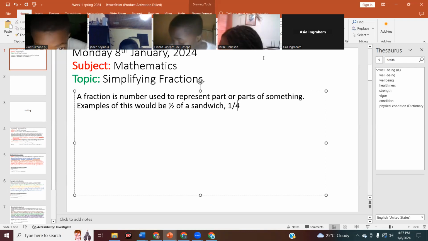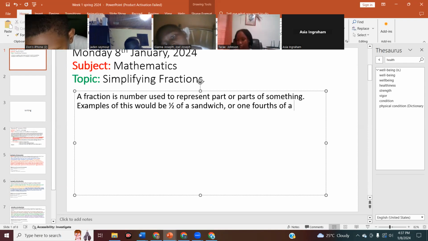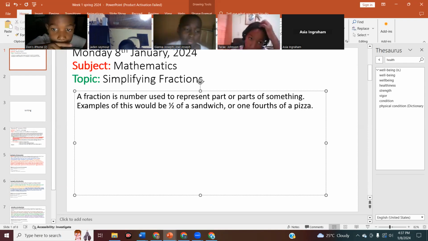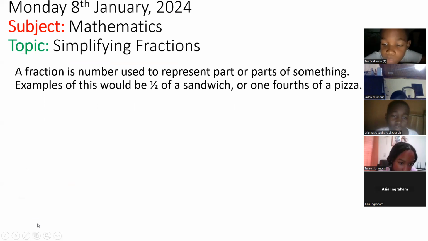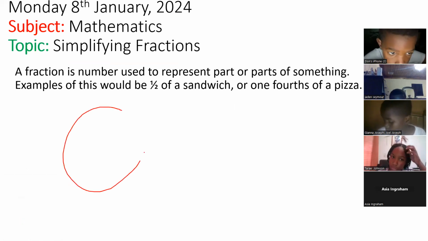Or if I say 1/4 of a pizza, that means the pizza is divided into how many parts? 4 parts, right? So we have this pizza here.